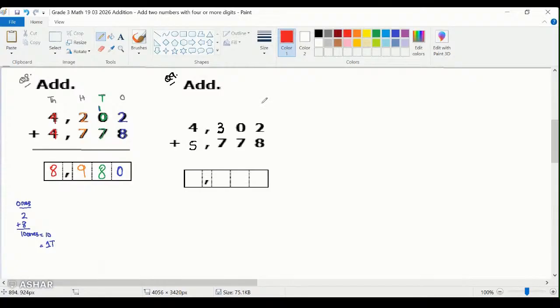So if we have the ones, the tens, the hundreds, and the thousands, okay, if we need to add them together, what can we say? Let's add them together. Sorry.